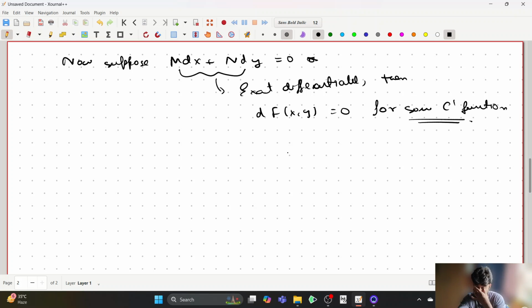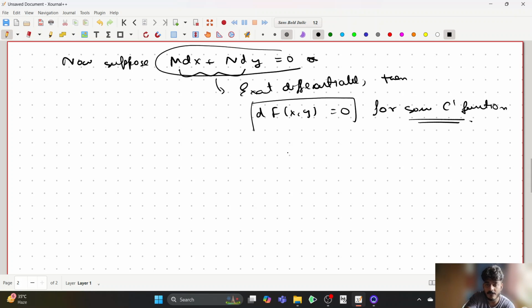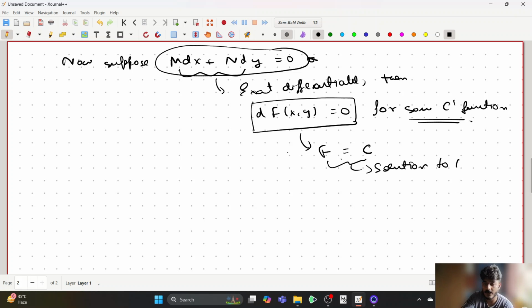Therefore, solving this differential equation is just solving this one, and if you integrate on both sides, you will get a function f of two variables. On the right hand side you will get a constant, and this will give you the solution of the differential equation of the form f equals c.